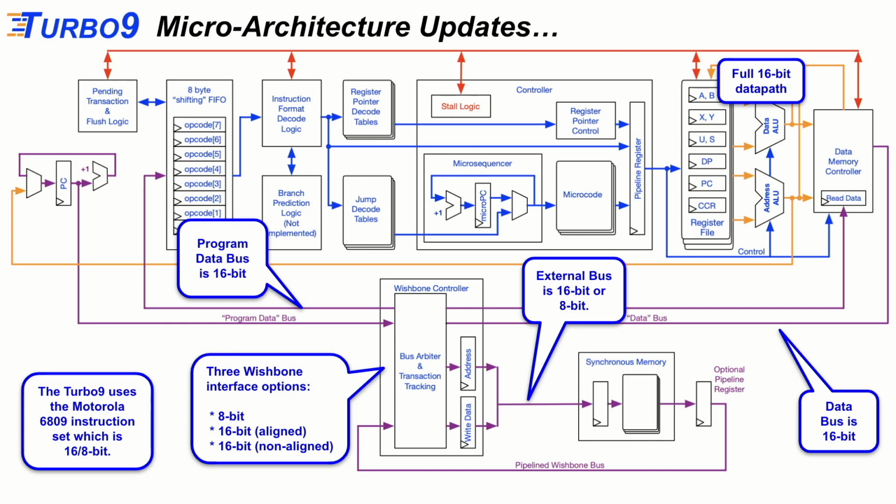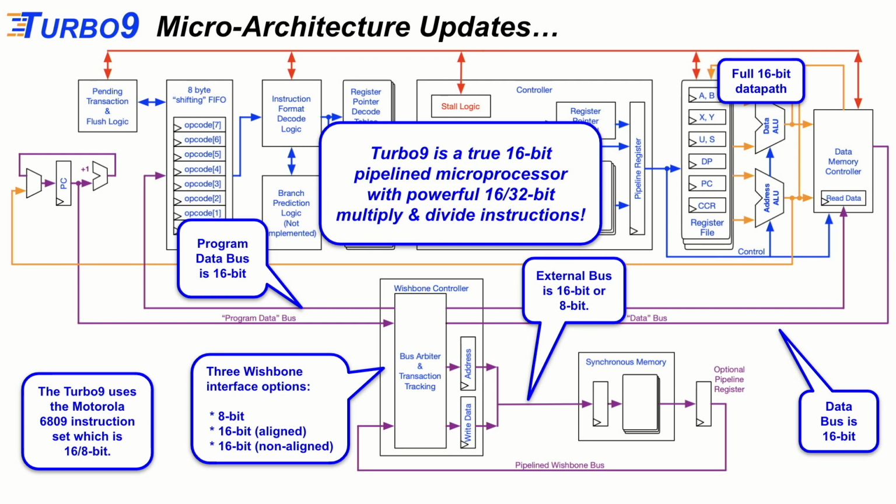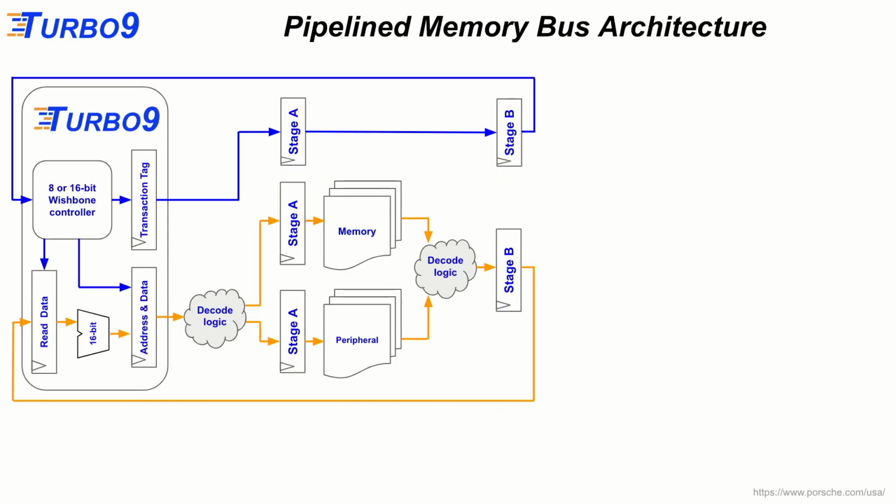What that means is that if you're in 16-bit aligned and you have a 16-bit word spanning a 16-bit boundary, you're going to have to do 2 writes, whereas the non-aligned is able to combinatorially pull that out. So the Turbo9 is a true 16-bit pipeline microprocessor with powerful 16 and 32-bit multiply and divide instructions.